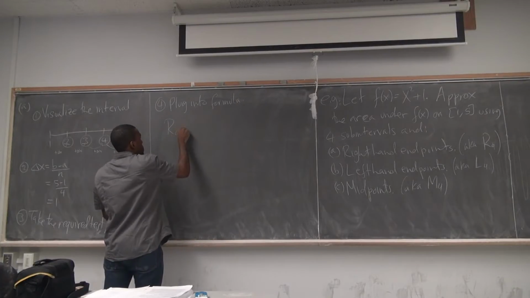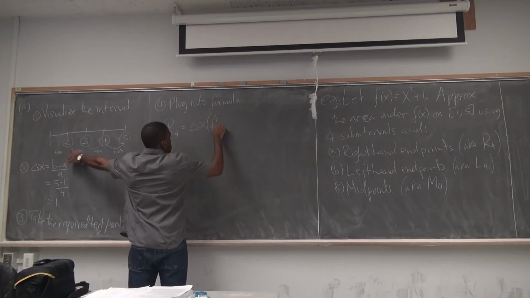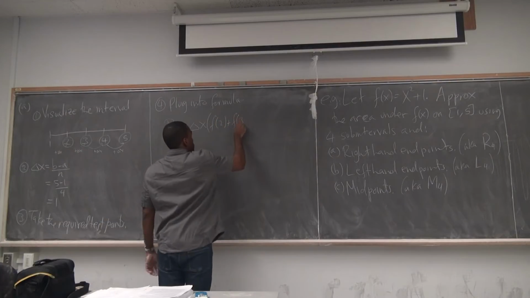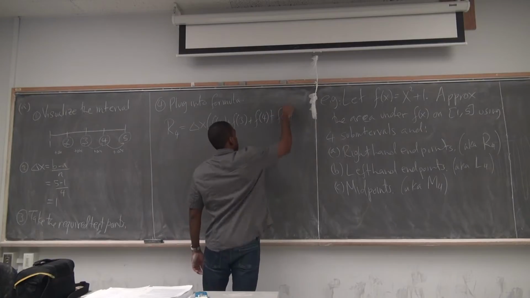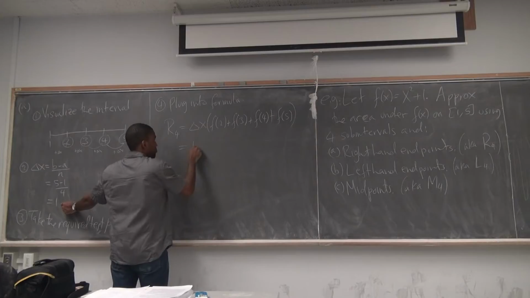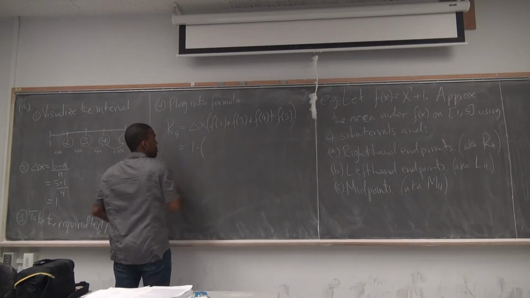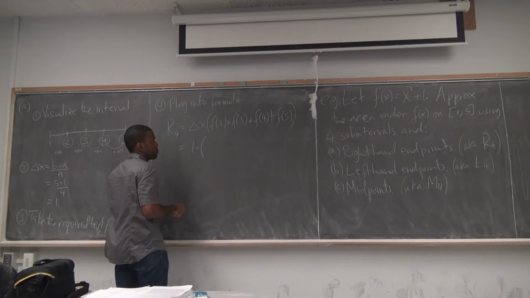Basically R4 is going to be delta x times f of 2 plus f of 3 plus f of 4 plus f of 5. Delta x was 1. f of 2 is going to be what? 5.